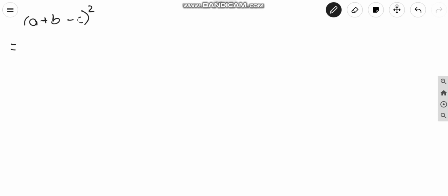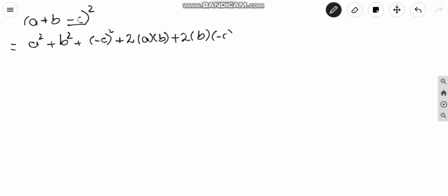Now let's expand it. a square plus b square plus, as there is minus c, so you have to write (-c) square. Again write plus 2a and b plus 2b and minus c plus 2 minus c and a.